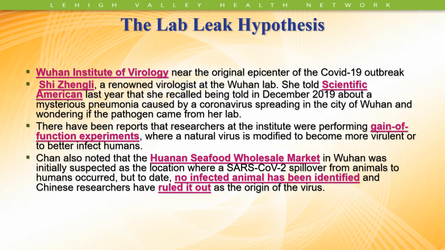Now, I'm not saying this was being done as a way of germ warfare. This is done in the United States too, it's not just done in Wuhan. Sometimes you do this to try to figure out how you can find a weakness of the virus if it mutates to a stronger level.